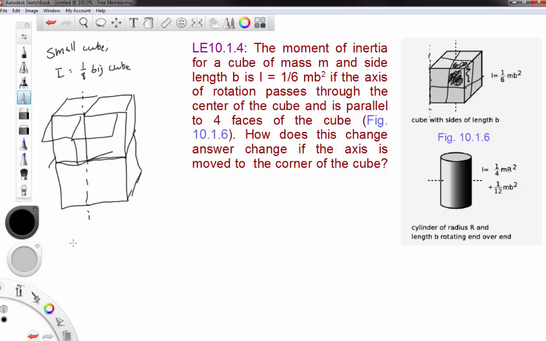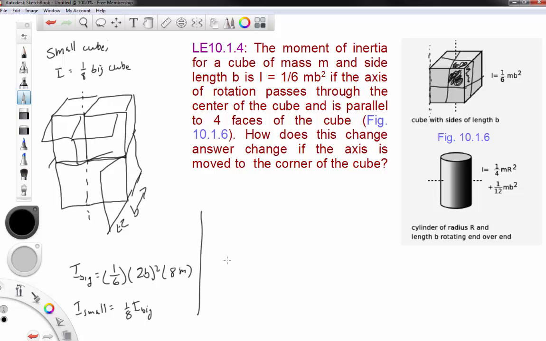And so the moment of inertia for the new cube, because each of these sides basically ends up having 2b as the length of a side, and the mass is now 8 times as big because there's 8 times as many, then I big would be 1/6 times 2b squared times 8 times the mass. And I small, the I of the smaller cube, equals 1/8 of I big.